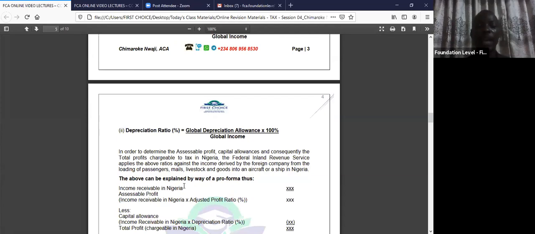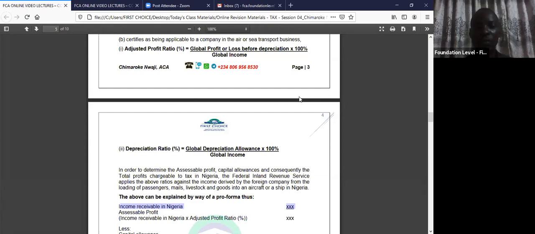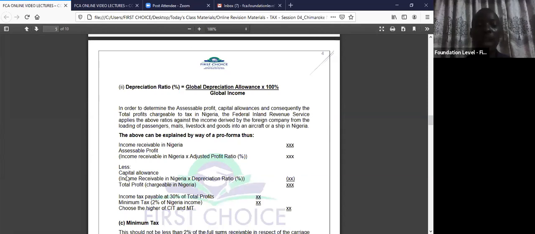So these three things, once you've gotten your global income and these two ratios, you are now set to work on Nigerian tax. You come back and say, okay, let's come to Nigerian income. This is Nigerian income once again. You will now use the adjusted profit ratio to find the Nigerian adjusted profit on income. That means Nigeria will also be taking the same ratio, 40% of Nigerian income. Then you come to capital allowance.